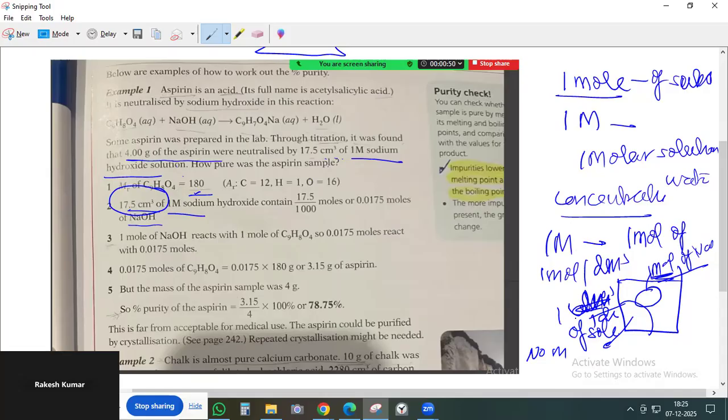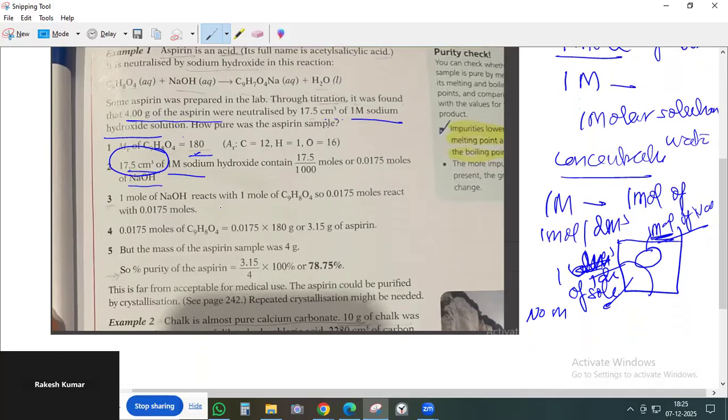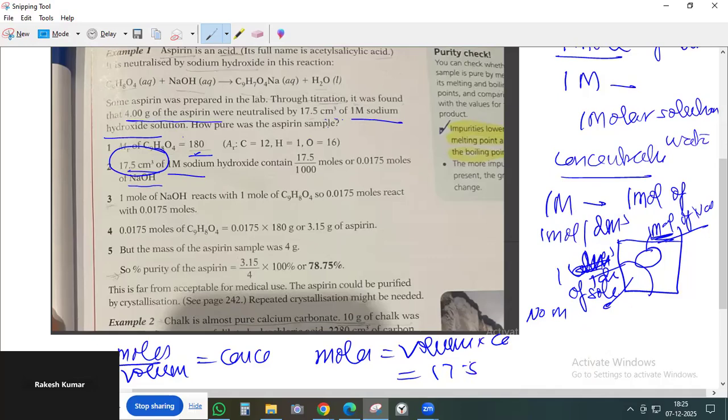The number of moles in this much volume, moles per volume is concentration. So moles is equal to volume into concentration. So that means 17.5 cm cube converted to dm cube, into 1. So basically he's multiplied concentration into volume to get the number of moles.